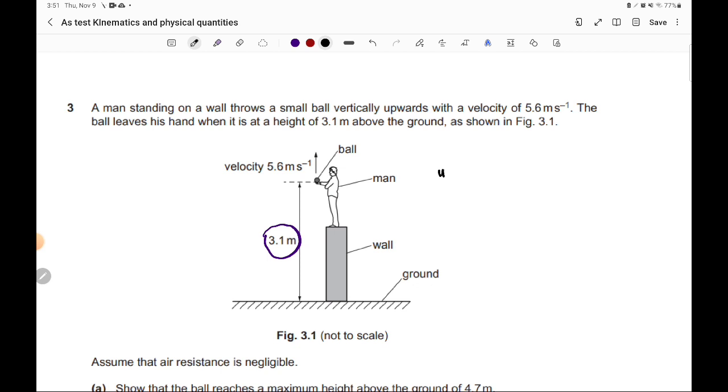So let's see, initial vertical velocity is kept as 5.6 meters per second. I'm going to take acceleration as negative because upwards the ball is going to be slowing down. So this is going to be minus 9.81 meters per second squared, and the final velocity at the maximum height would be 0.